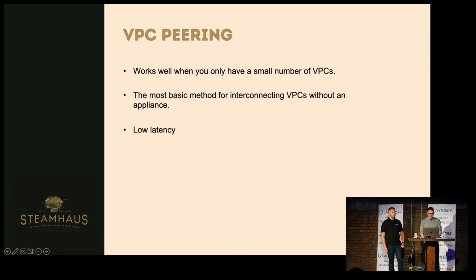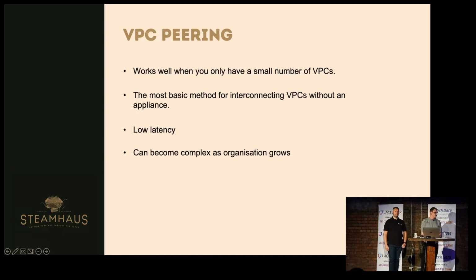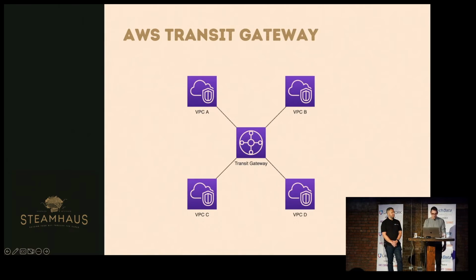So really low latency. However, as I was saying, as your organization starts to grow, and you work on an additional project, say you're selling bicycles one minute and then the next you're selling pushchairs or something else, you're then creating even more AWS accounts to facilitate all of these projects and workloads. Once you've got 20 or so different accounts, it becomes a real mesh and quite difficult for a network operator to keep on top of the different CIDRs and the route tables and things like that.